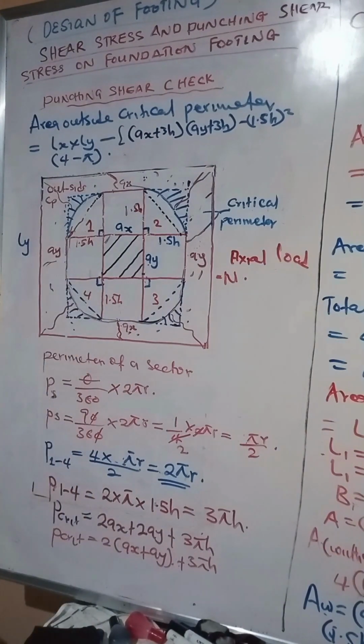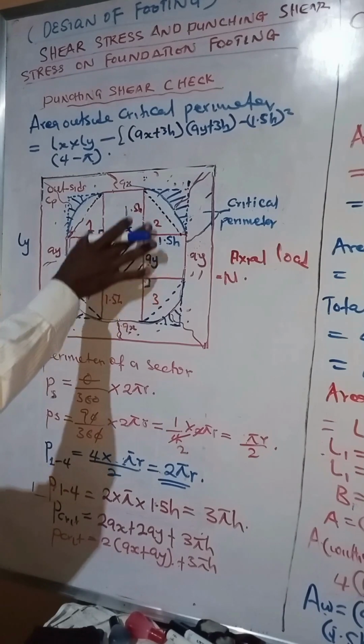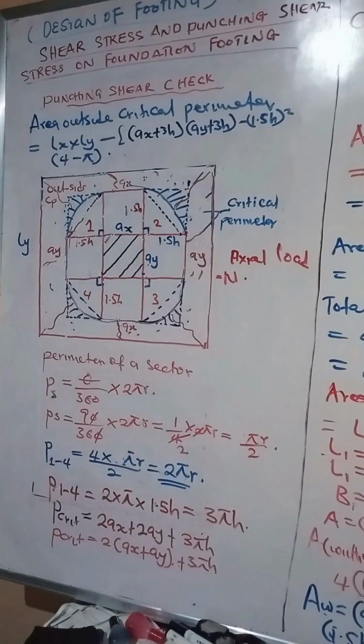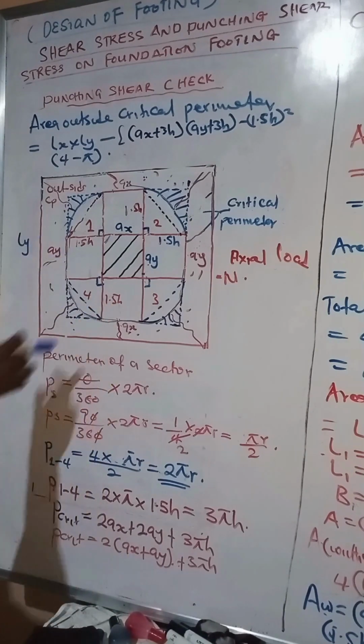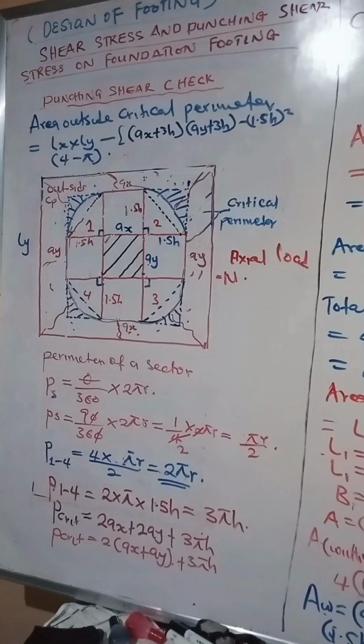But we assume that the stress due to this axial load from the column is acting uniformly on the entire footing. But in real life, it is not acting uniformly. But that is the assumption. That's why when you carry out a finite element analysis of this, you discover that the stress is concentrated at the point of application of the load. But we're assuming the stress to be uniform all over.